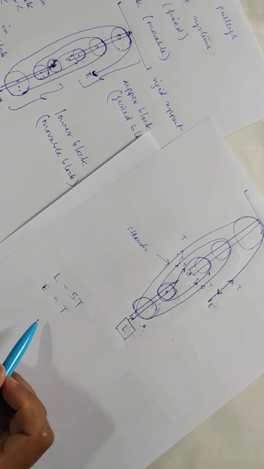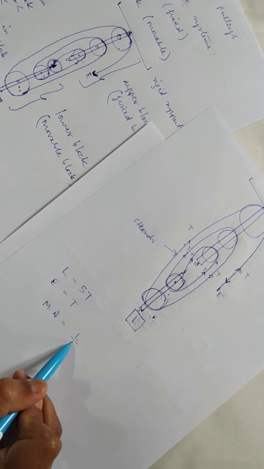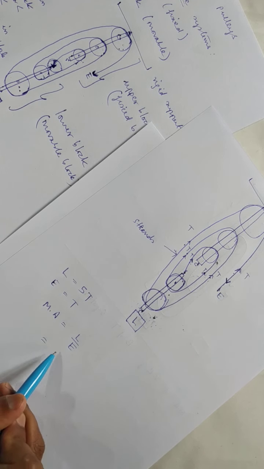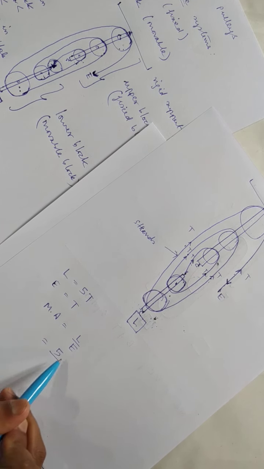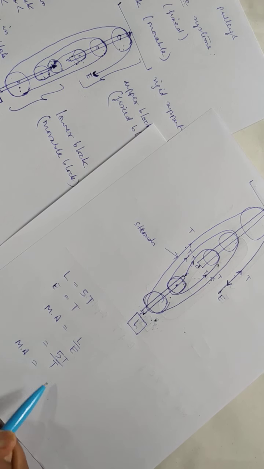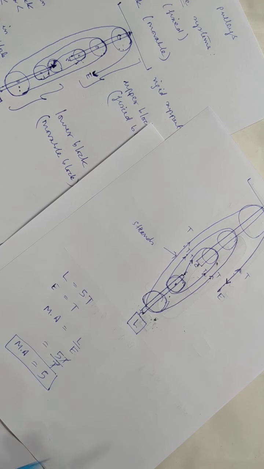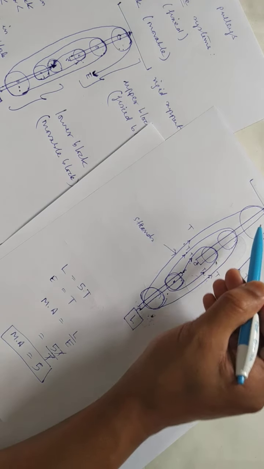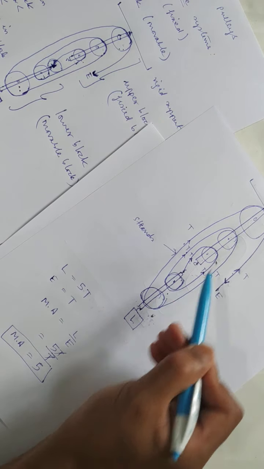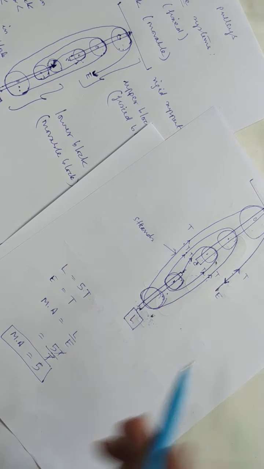So now we know the mechanical advantage is very easy. Load by effort. That means load is 5T and effort is T. So T and T cancel, the mechanical advantage will be 5. So what we see here is the number of pulleys 1, 2, 3, 4, 5, and the mechanical advantage is also 5.